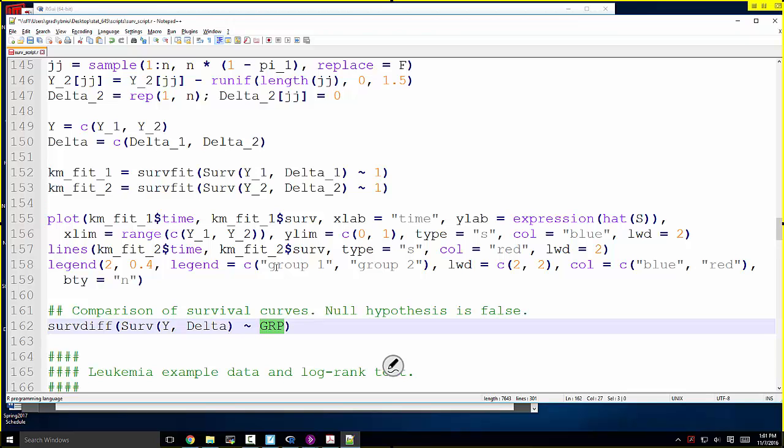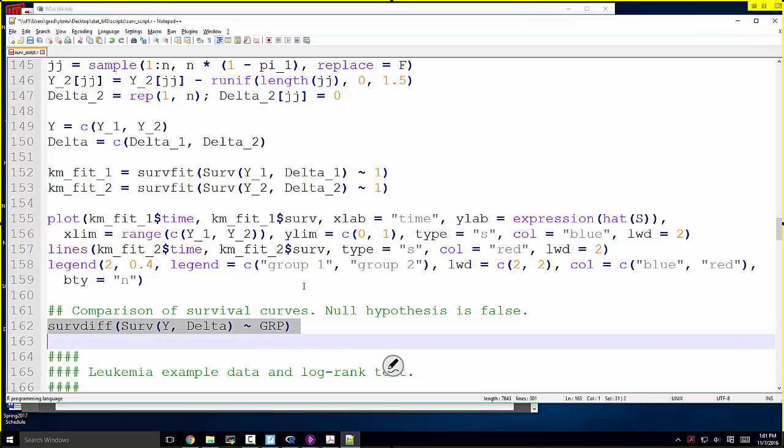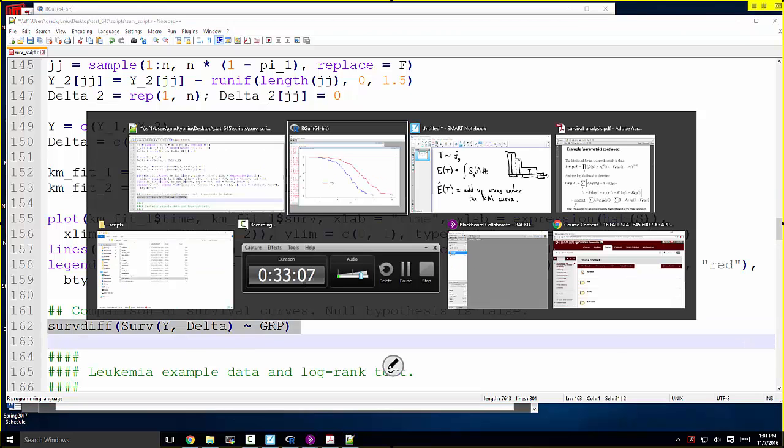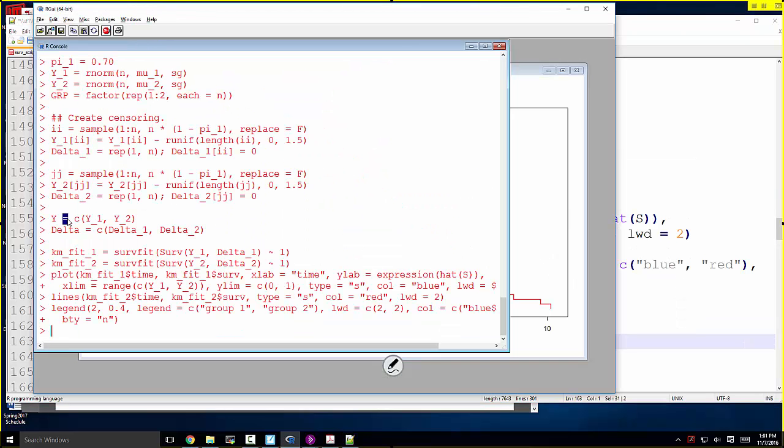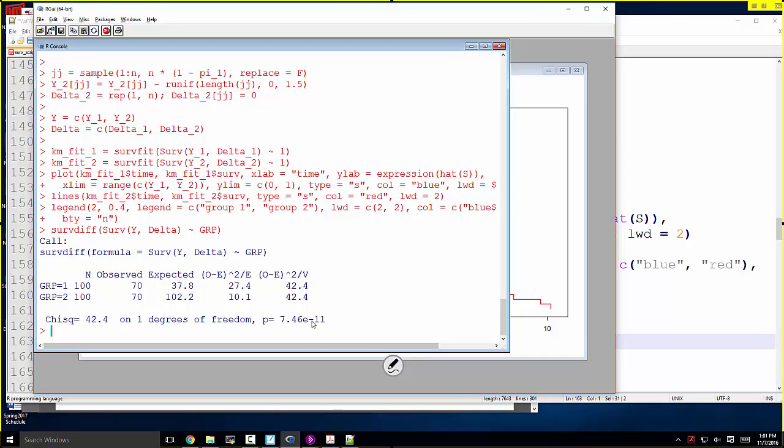So group would be 1 for the first 100 and 2 for the next 100. Survdiff will give us a p-value for testing whether the two survival curves are the same.